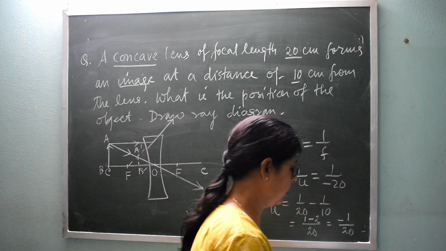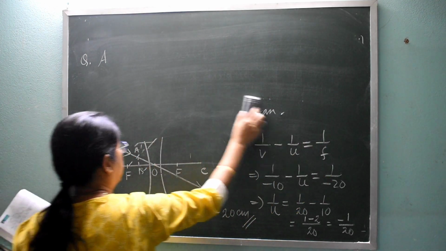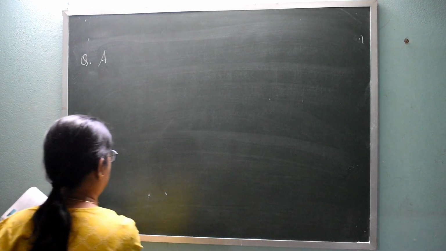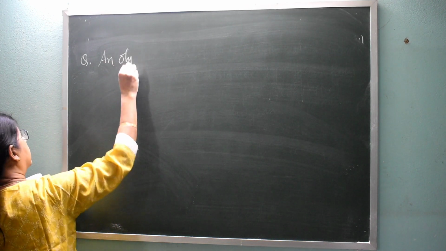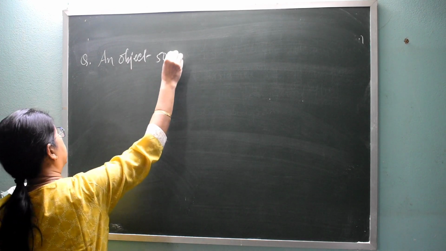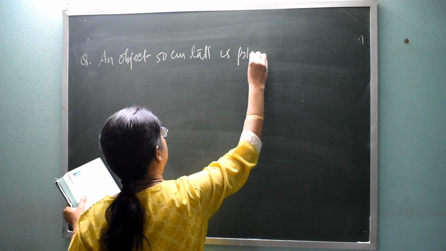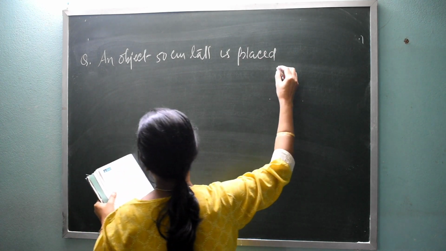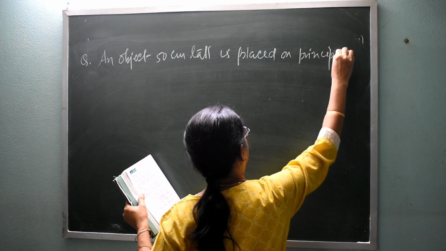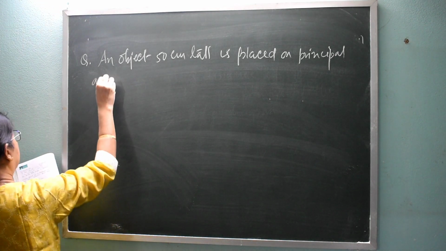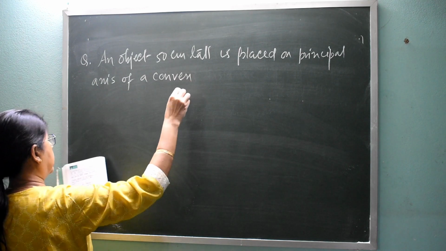Next we are going to do the third question. An object 50 centimeter tall is placed on the principal axis of a convex lens.